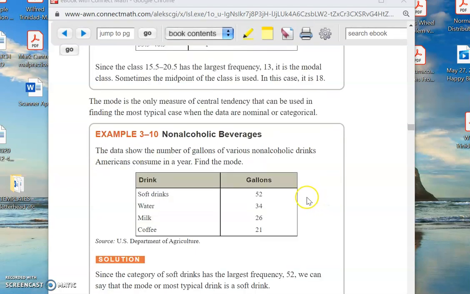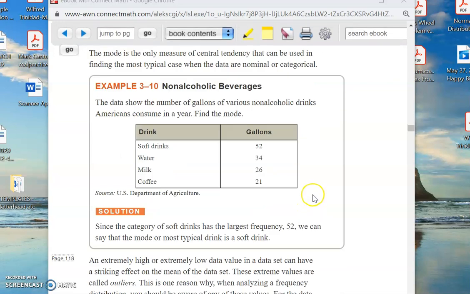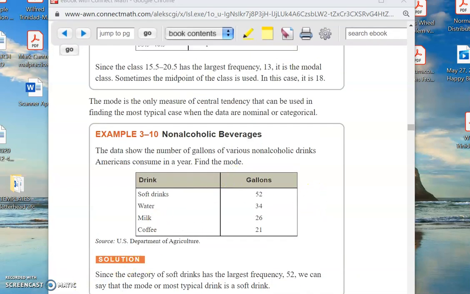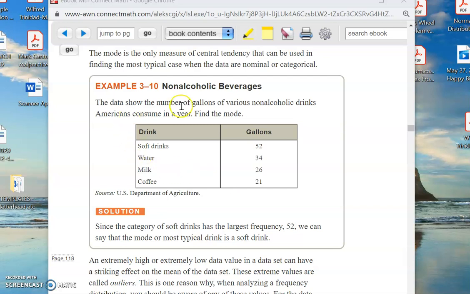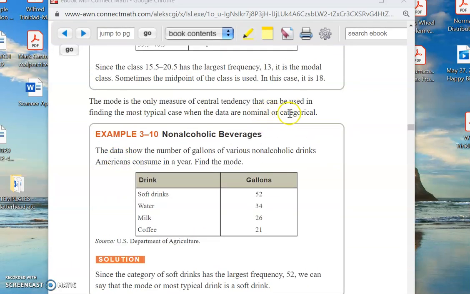Now, here's something that might be interesting. What if you have a situation where it doesn't really lend itself to the mean or the median, like if you have different categories? We're talking about categorical data, with different categories like soft drinks, water, milk.